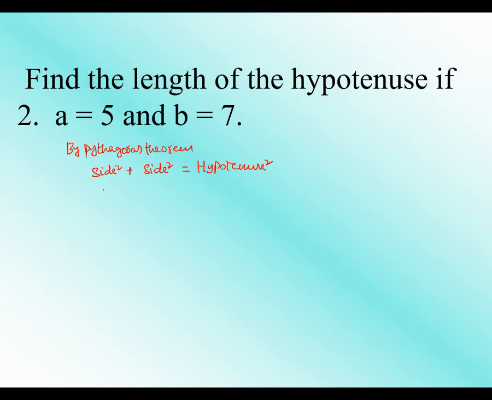Side squares mean a square, b square, and the hypotenuse is c square. So just plug in the value of a and the value of b here. 5 square plus 7 square equals c square.